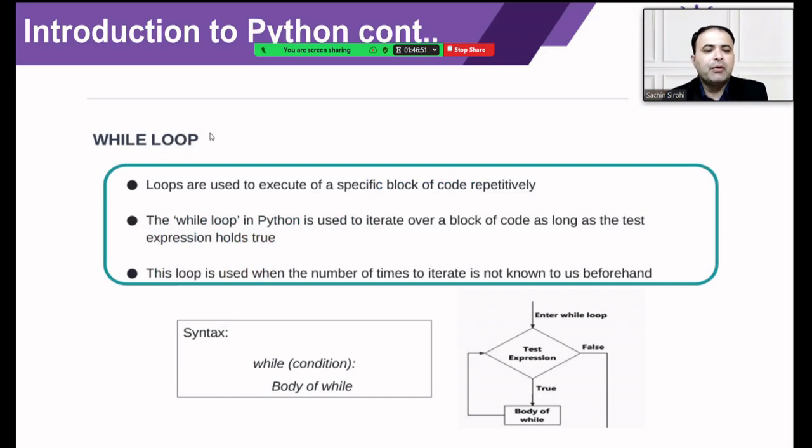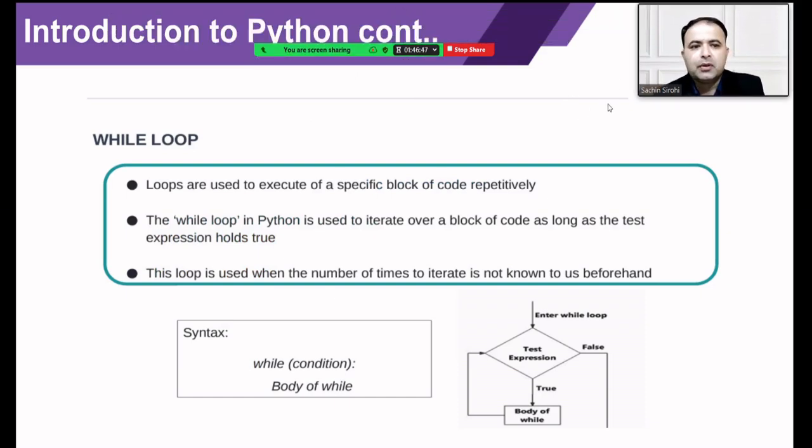Now I want to start the looping concept. So what is a loop? Loops are used to execute a specific block of code repetitively. If I'm using Python, I want to iterate a particular task so many times, or for a given time or given steps.